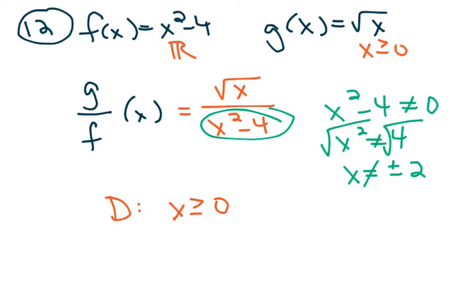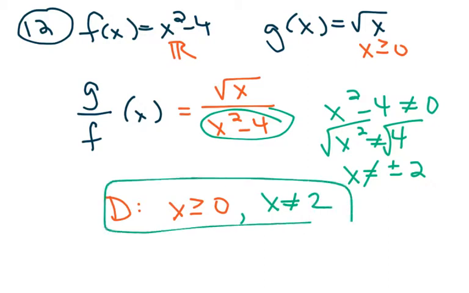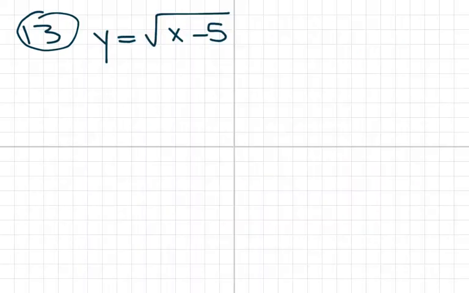So negative 2 isn't bigger than 0. So the other thing is that x cannot equal 2. So x has to be bigger than 0, and it can't be 2. But every other number bigger than 0, but not 2, will work. And that's the domain.